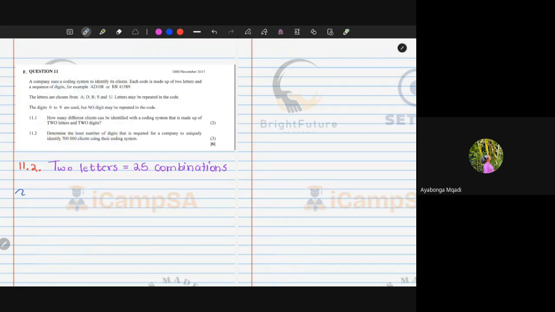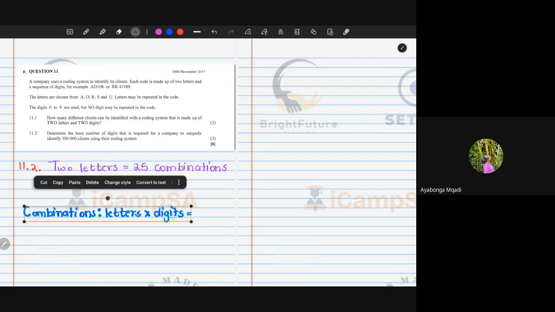What we remember is that when we have the combinations of letters multiplying that of digits, what we get is the number of clients that could be accommodated.